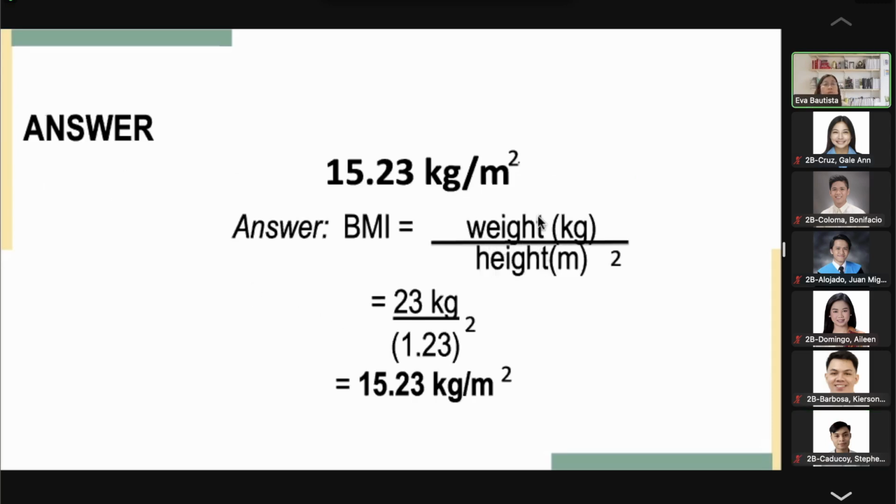So you compute the weight in kilograms, and the height of 123 centimeters is equivalent to 1.23 meters squared. Don't forget the proper unit of measurement. It's always included because we have to be clear that it's kilogram, not grams, centimeters, not inches, meters, not centimeters. So you always have to be mindful of the units when we talk of growth measurements.